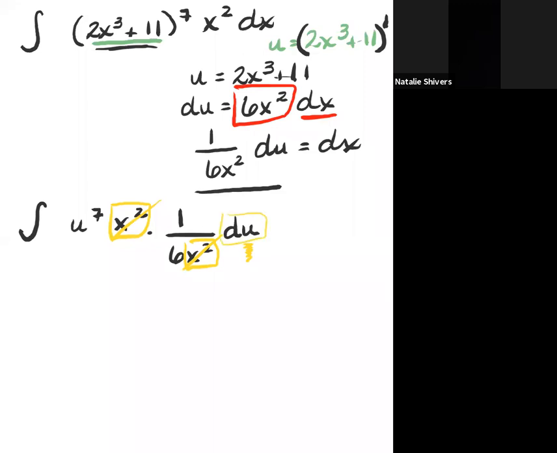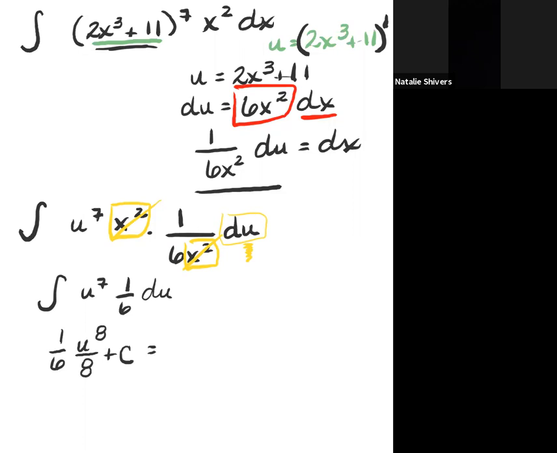Okay, so let's do the antiderivative. I'm going to write one extra line for those who need to see. I'm left with u to the 7th, 1/6 du. No need to write it. I just wrote it for those that need to see it a little bit more clearly. So I get 1/6 u to the 8th over 8 plus c.